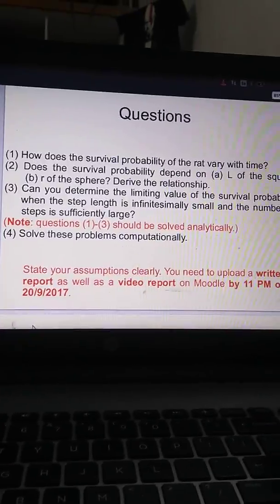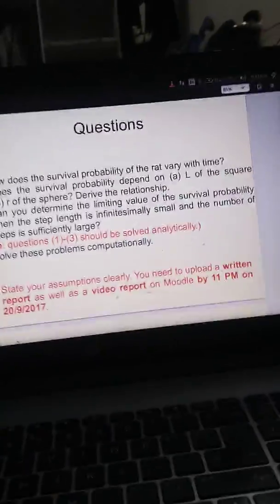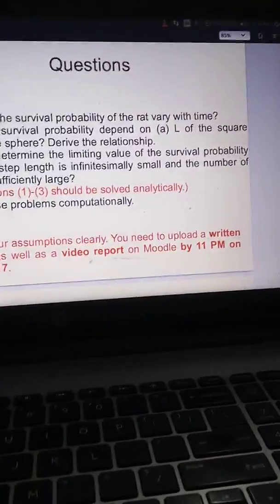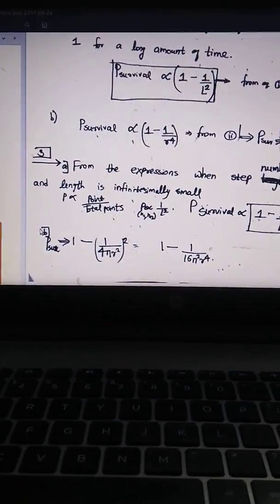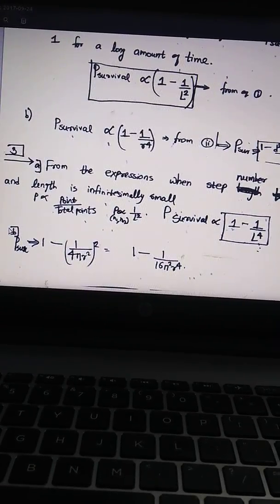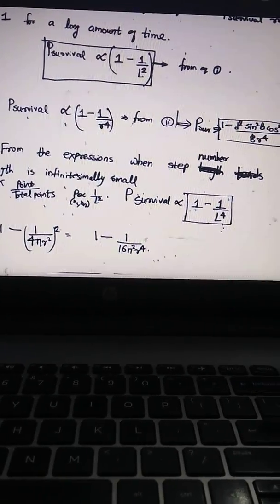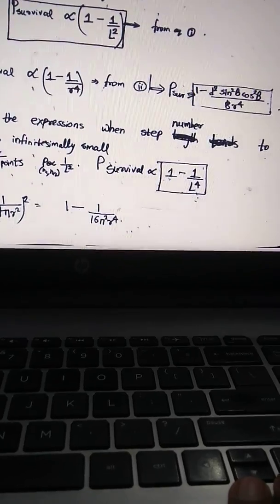Now on to the third question: can you determine the limiting value of survival probability when the step length is infinitesimally small and the number of steps is sufficiently large? Yes, I can easily find the probability. First I'll find the probability of meeting and then subtract it from 1. For an infinite number of steps, it's 1 by L square, and subtracting from 1, the probability of survival will be 1 minus 1 by L raised to power 4.